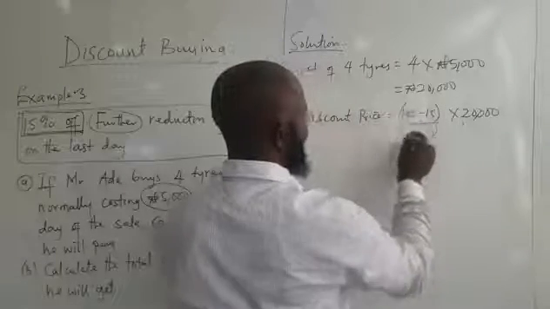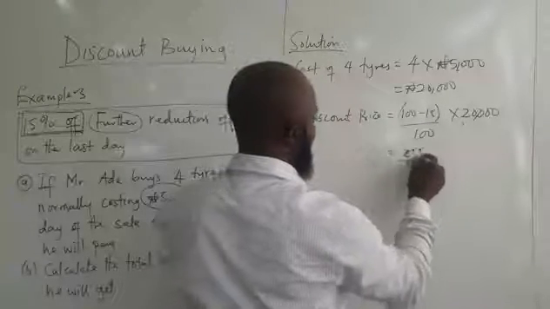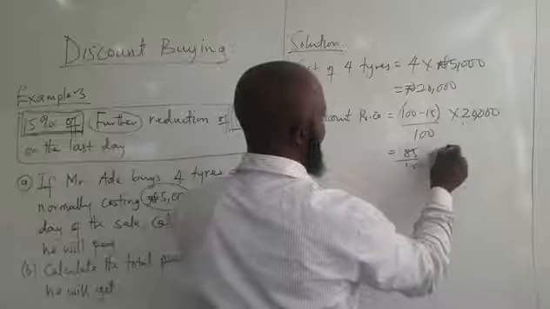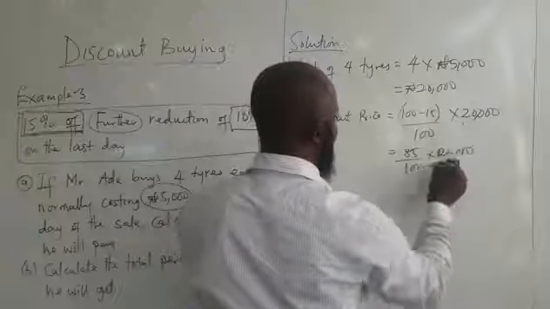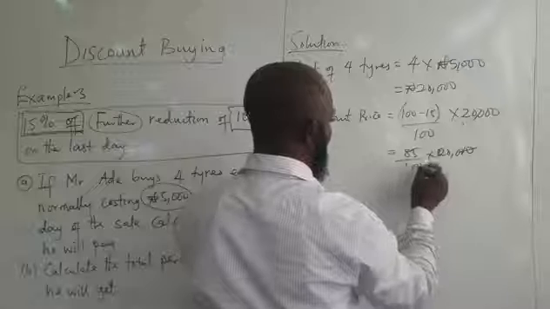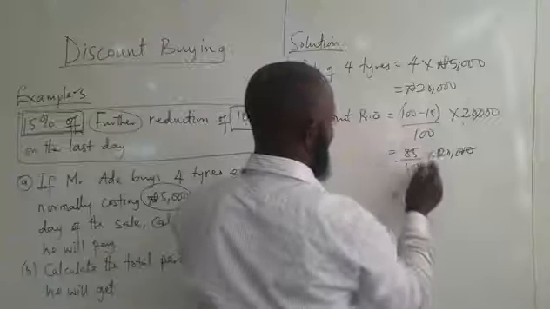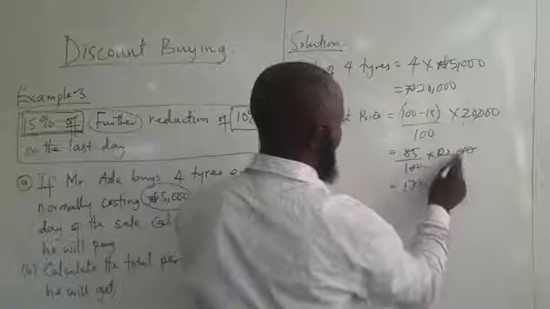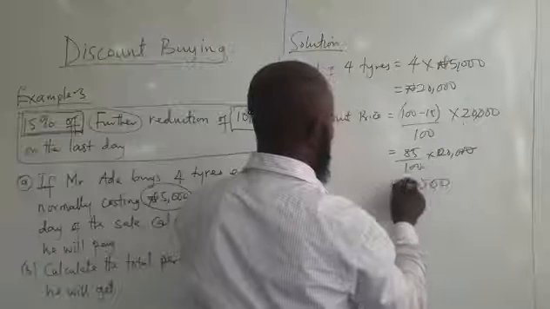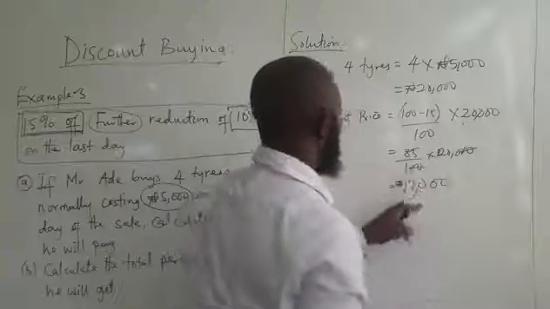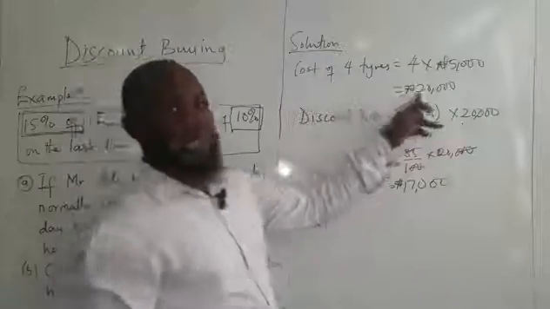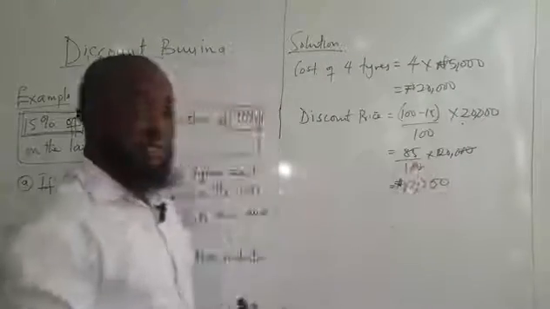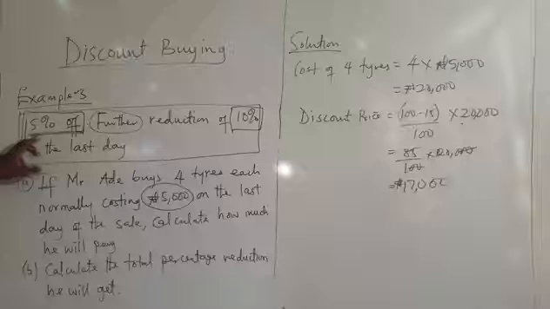So this gives us 85% times 20,000. So this cancels this. 2 multiplied by 85 is 170. Then we have 2 zeros left. So that is 17,000. So instead of him paying 20,000, he is going to pay 17,000. That's the first 15%.